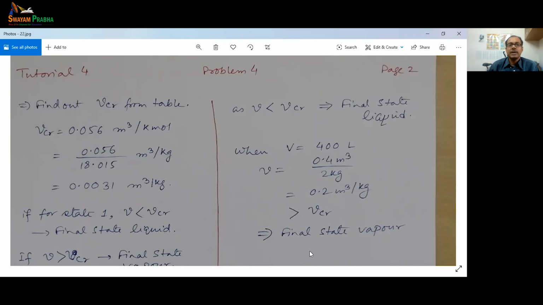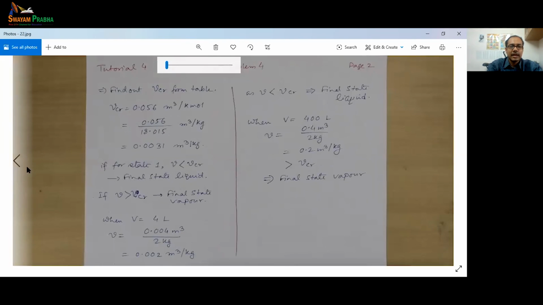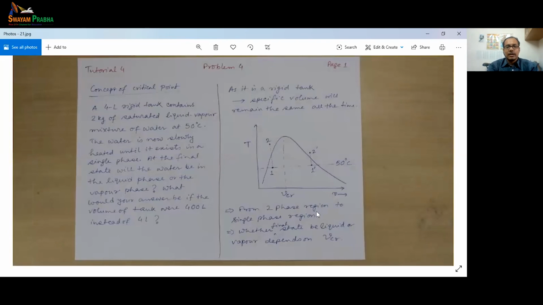It is very interesting to see that just the volume of the tank can be a giveaway whether by heating you will get a liquid phase or a vapor phase. So this is very much possible. From the two-phase region, you heat it up and get a liquid phase, which is a little counterintuitive, I would say, but this is very much possible, as we can see from this problem.